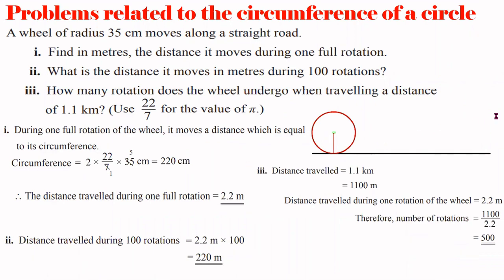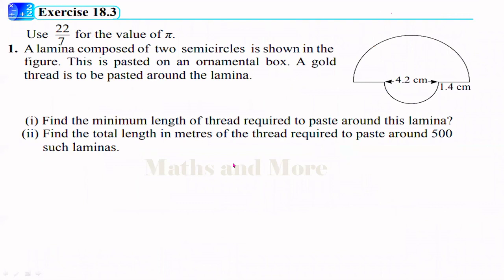Now let's see problems in exercise 18.3. A lamina composed of two semicircles is shown in the figure. This is pasted on the ornamental box. A gold thread is to be pasted around the lamina. If we paste gold thread, that means perimeter.